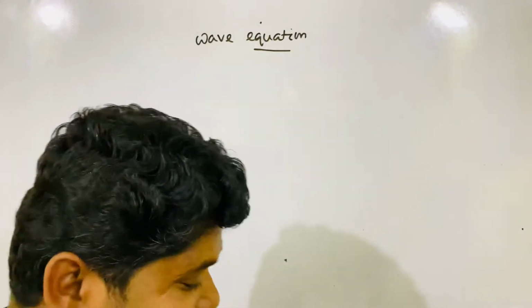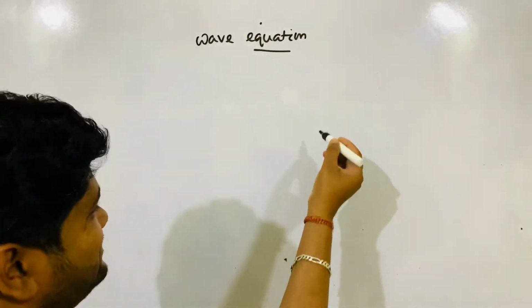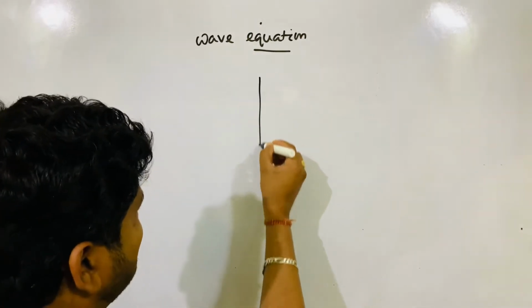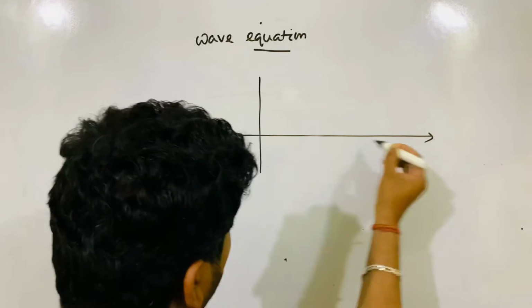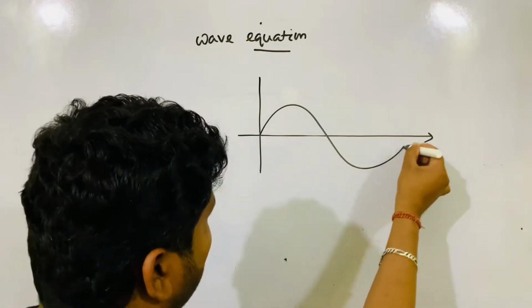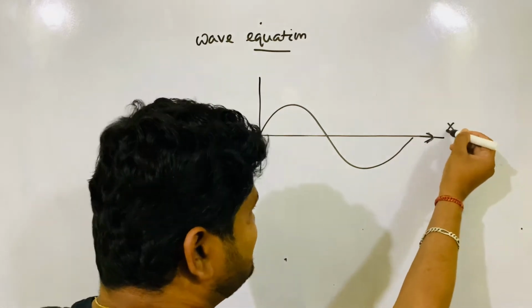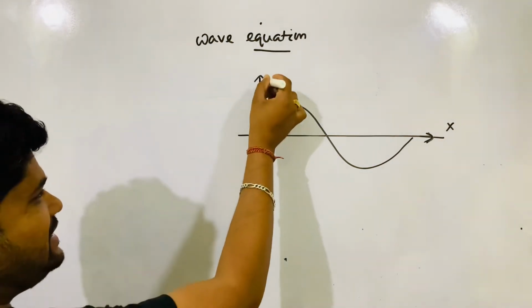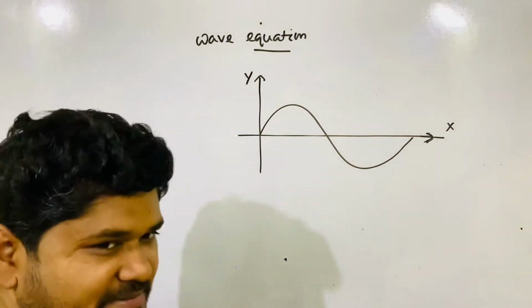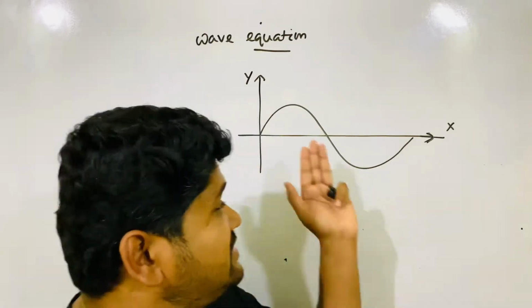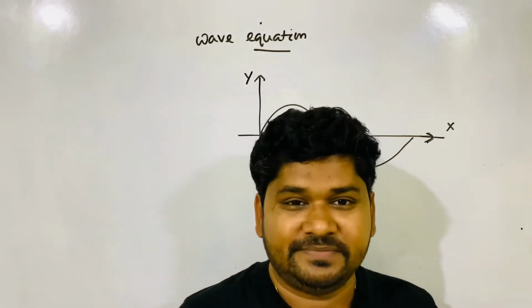So let's first see what the different variables are when the wave is propagating like this. This is the wave. When the wave moves in this direction, this is the x-axis. The particle oscillates along the y-axis. We can also say this is the graph between y and x.